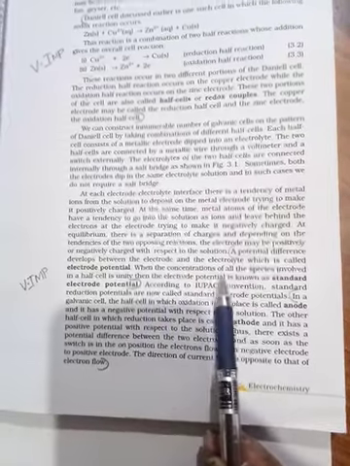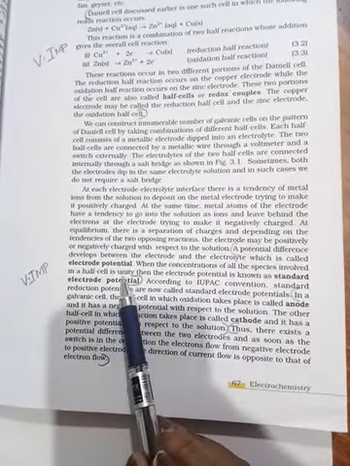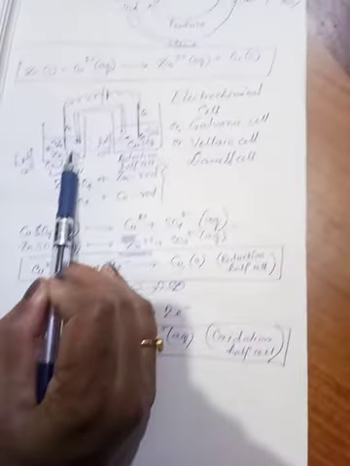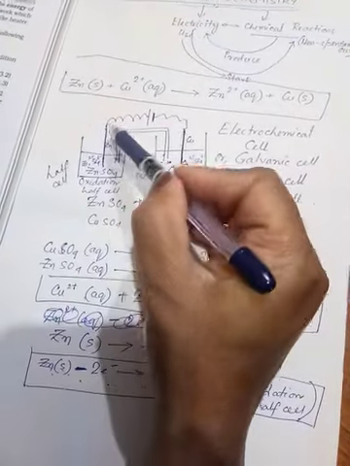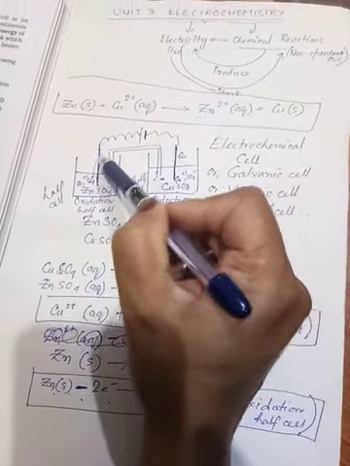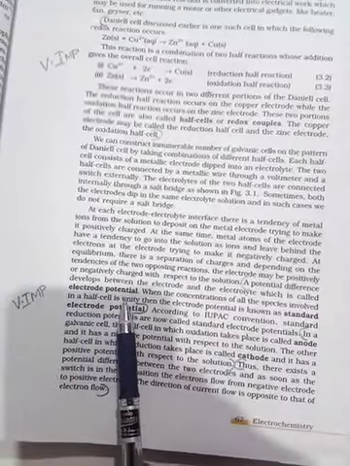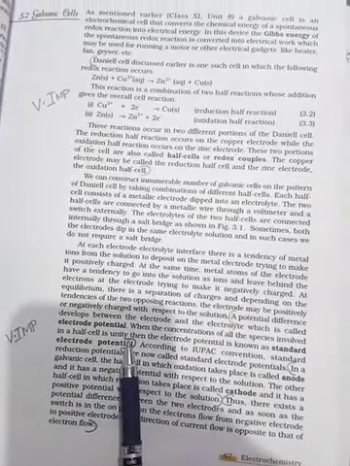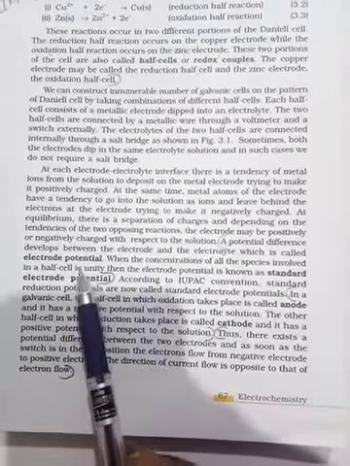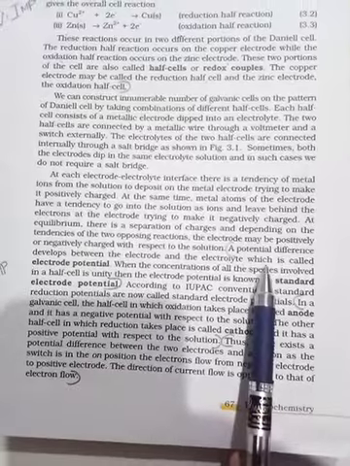When the concentrations of the species involved in a half cell are unity, suppose I prepare a 1 molar solution here also, the potential that is developed between the electrode and the electrolyte is called the electrode potential. And if you take the concentrations to be unity, say 1 molar, then the electrode potential is known as the standard electrode potential. These are very, very important definitions, so you must learn them.